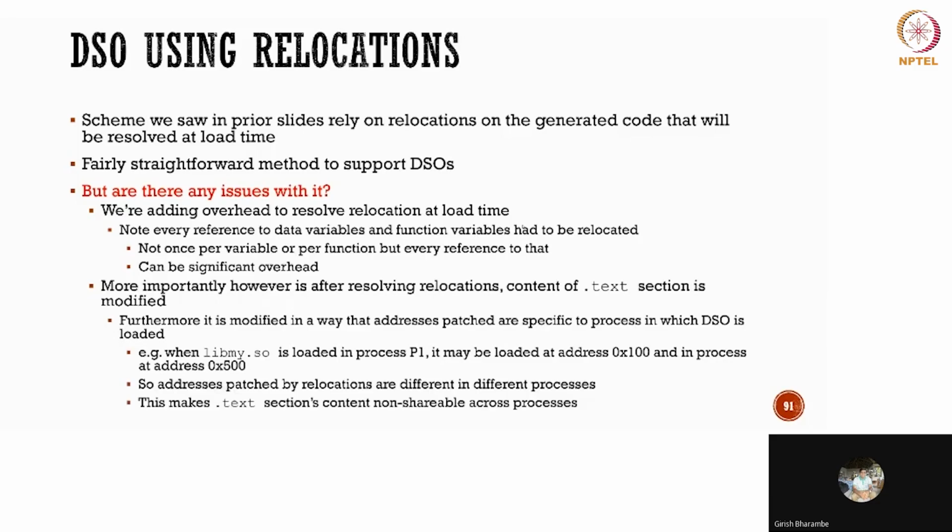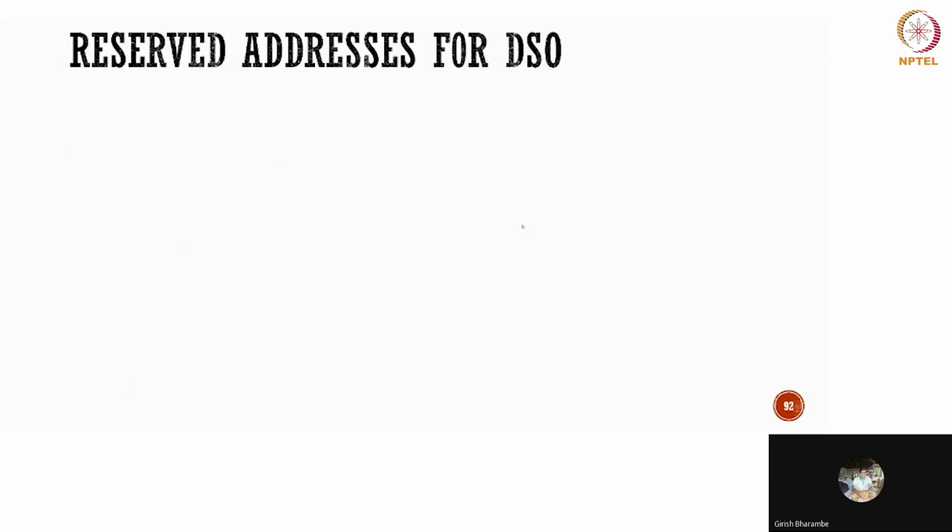So physically in RAM, we want only one copy of function foo to be loaded, and all the processes using it must refer to the same physical copy, not necessarily the same virtual address. Any questions on this concept of why we have a problem with relocation?